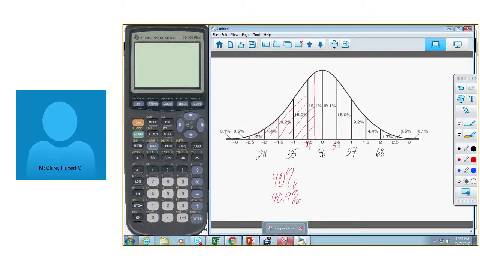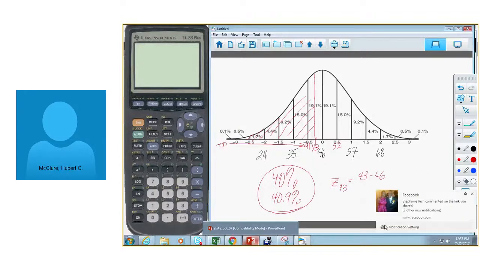So common sense tells us that our answer needs to be around 40%. Which infinity are we dealing with, positive or negative infinity? Negative infinity. That's right, to 43, whatever that z-score is. So z for 43 is equal to 43 minus 46 over 11.